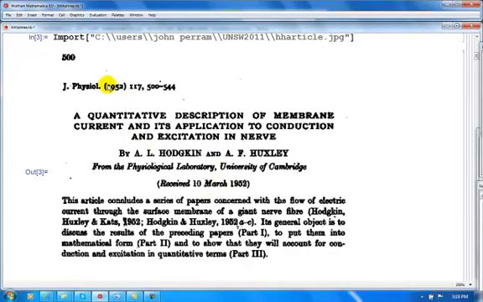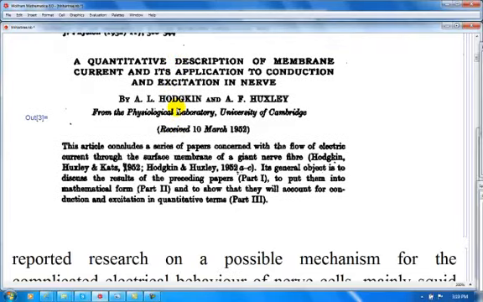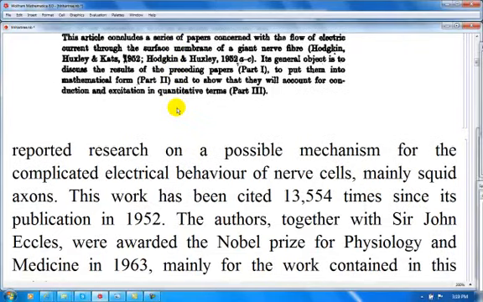Firstly, it's from 1952, and this will be an important number in the story I'm about to tell, and you can see that it involves 45 pages, which is a pretty long paper by any stretch of the imagination. And it reported research on a possible mechanism for the complicated electrical behavior of nerve cells, mainly squid axons.